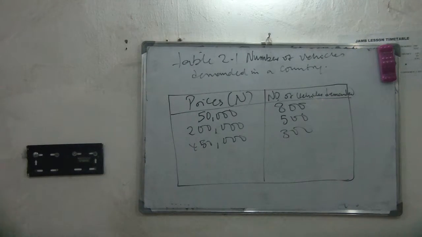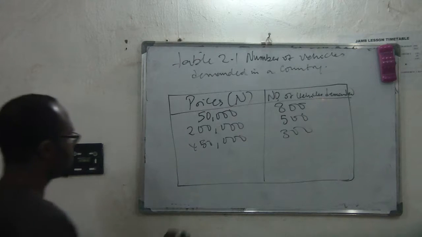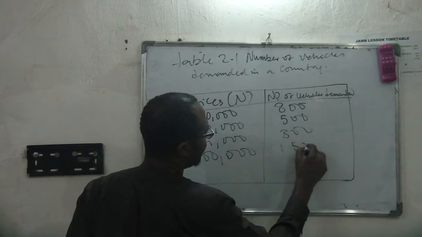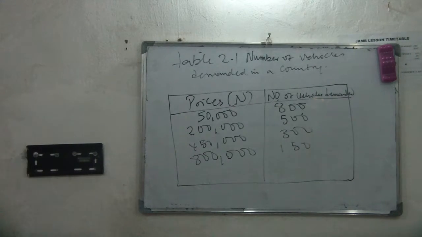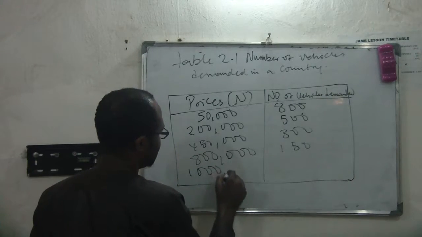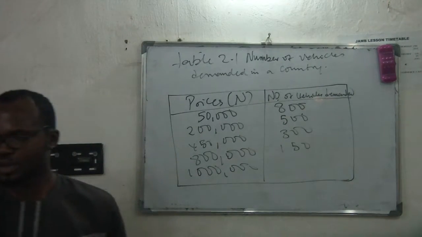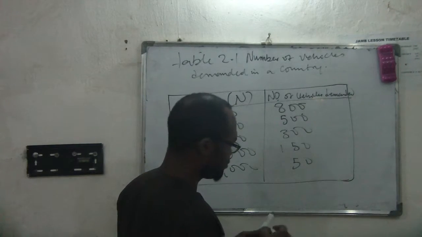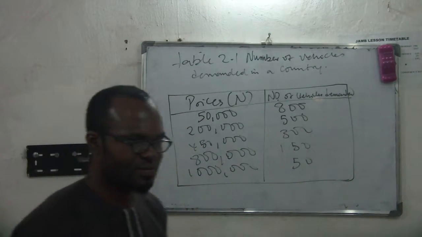For the one that costs 800,000, 150 was demanded. For the one that costs 1 million, 50 was demanded. So these are the drawings for you.